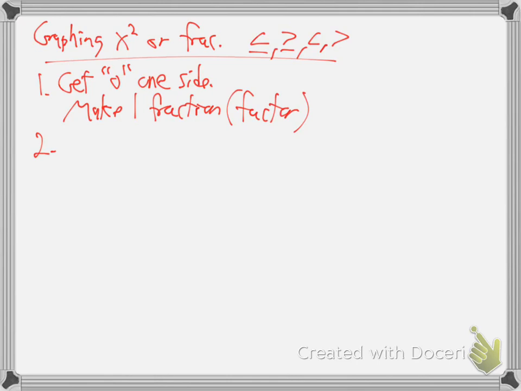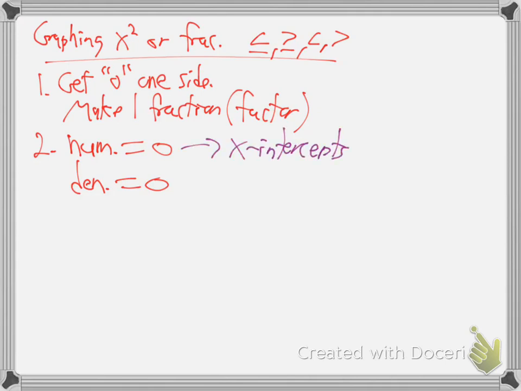Step 2: numerator equal to 0, denominator equal to 0. Numerator equal to 0, those are always your x-intercepts. And denominator equals 0, those are vertical asymptotes, wherever the denominator is 0.